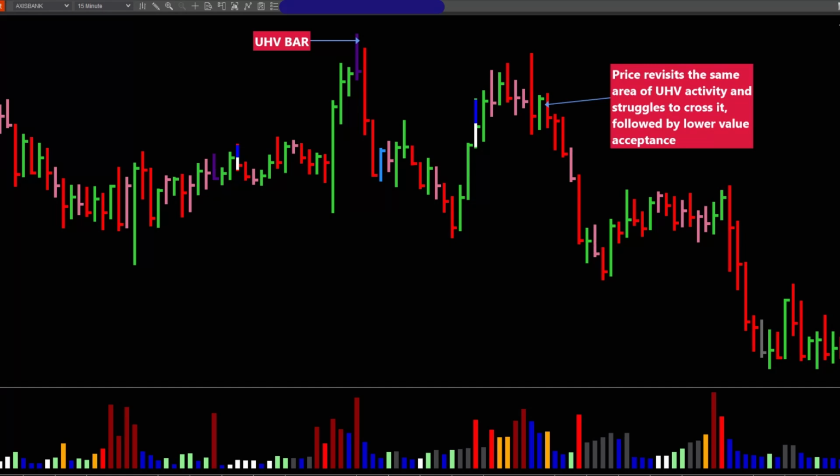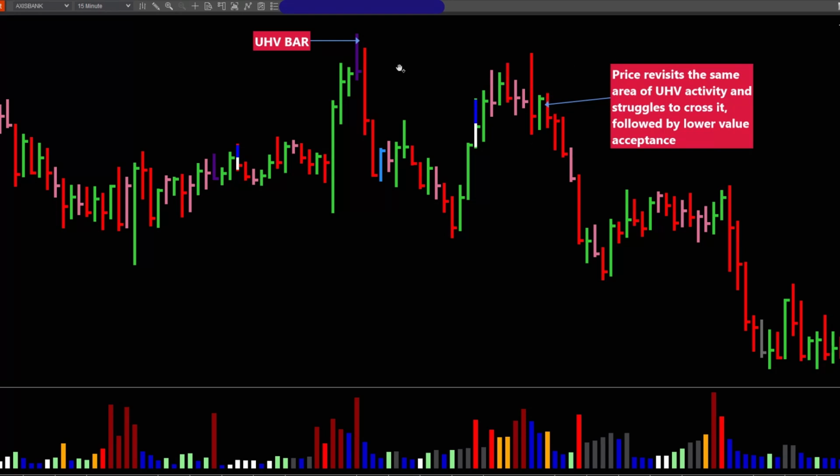So we can easily do our markings here, and as we all know in VSA, as soon as the price revisits it, we will see what kind of acceptance it gives, whether it accepts on a higher side or on a lower side, and it helps us in taking a trade accordingly.